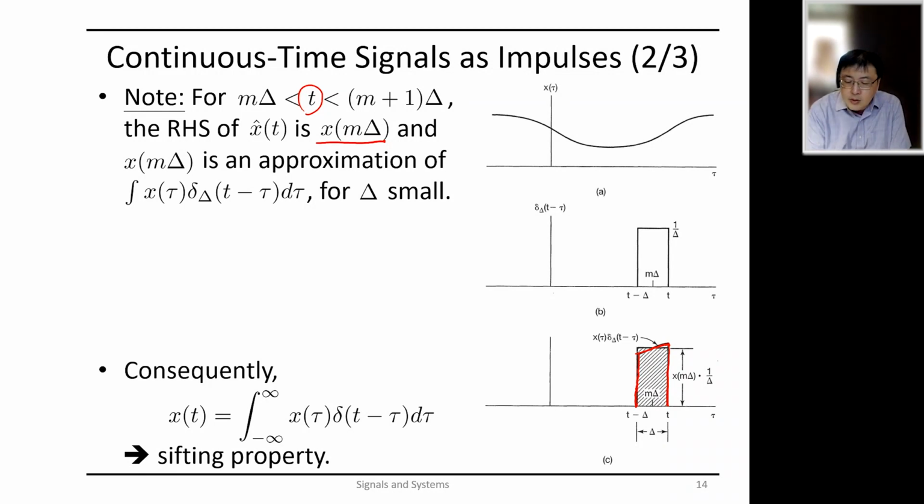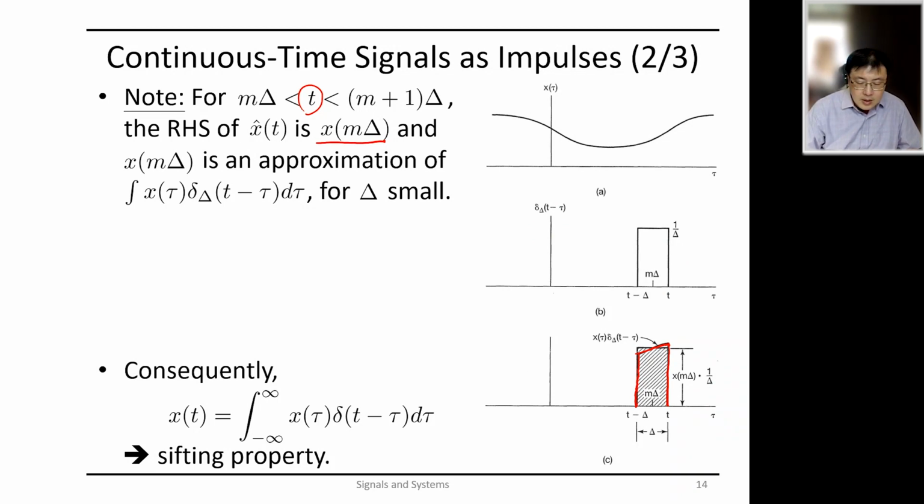Now, if you take the integral of this function, you hope to obtain the area under this red curve here. And the area here, assuming that delta is small enough, can be approximated by the rectangle at the same place, with a magnitude equal to x of m delta times 1 over delta, which is the magnitude of this delta function here.